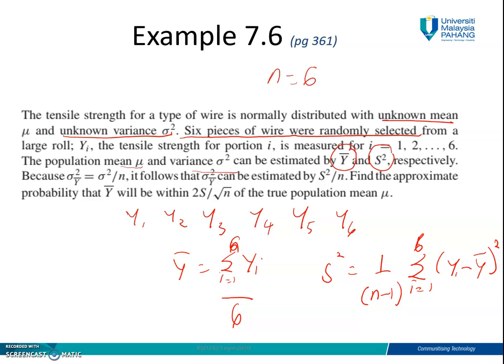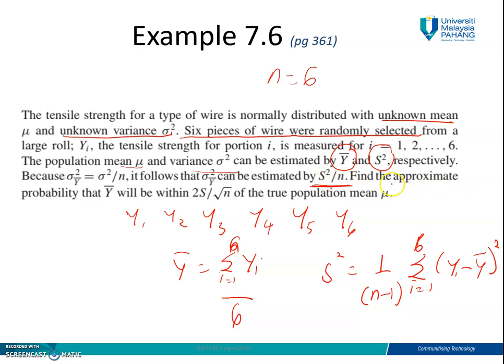The question asks you, because the variance of y bar is equal to sigma square over n, this is the sample mean's variance. So it follows that the sample mean's variance can be estimated using this one as well. Because here we have a sample mean, sigma square over n, and for a sample we can have s square over n.